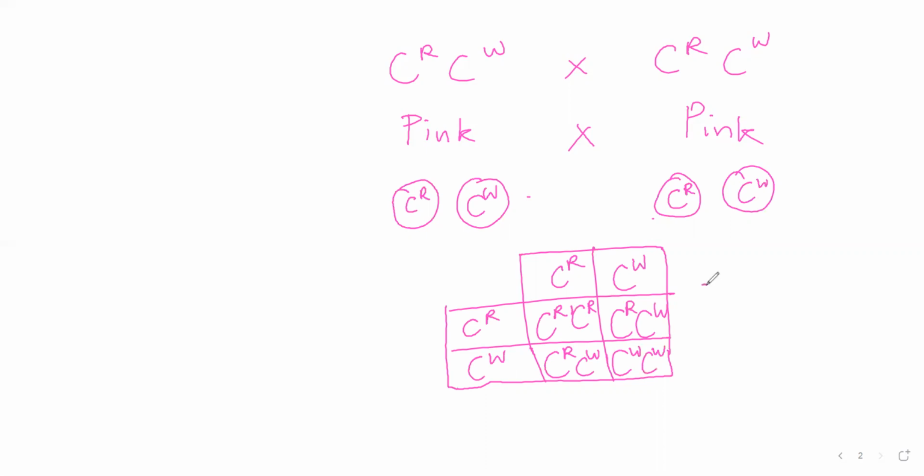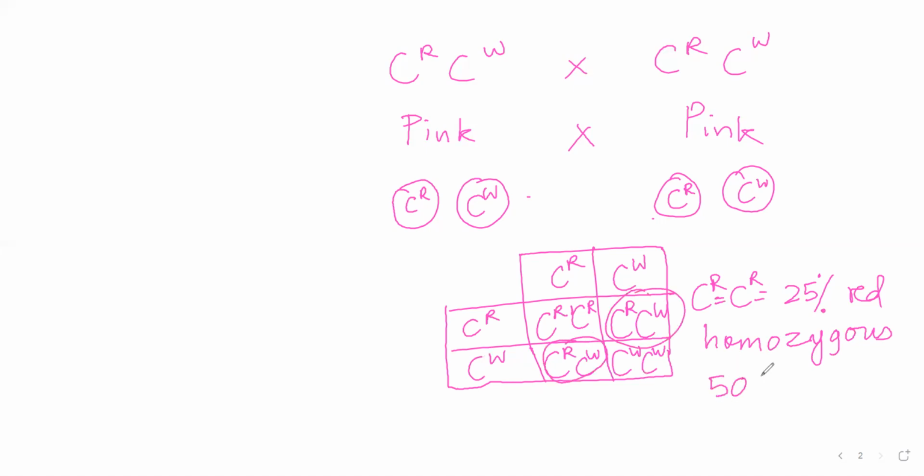So yes, how many do we have? We have CR, CR, 25%. So 25%, what will we have? We will have red. Okay, homozygous, since both are the same. Then we will have CR, CW, CR, CW.